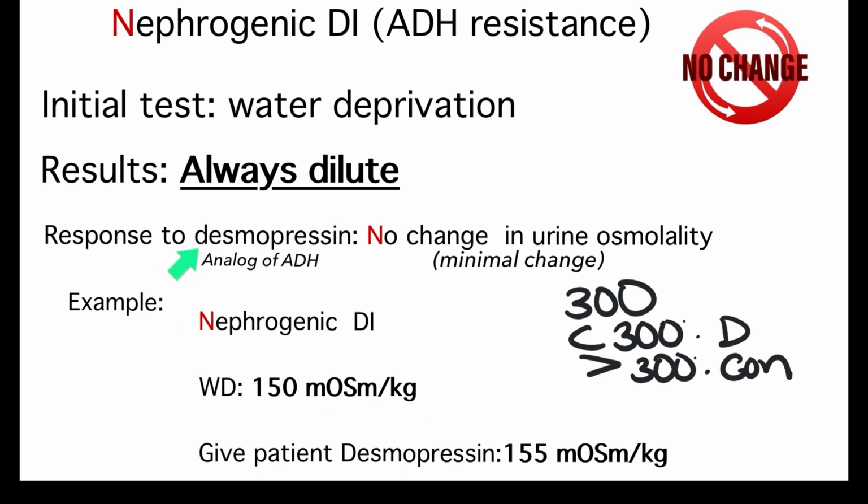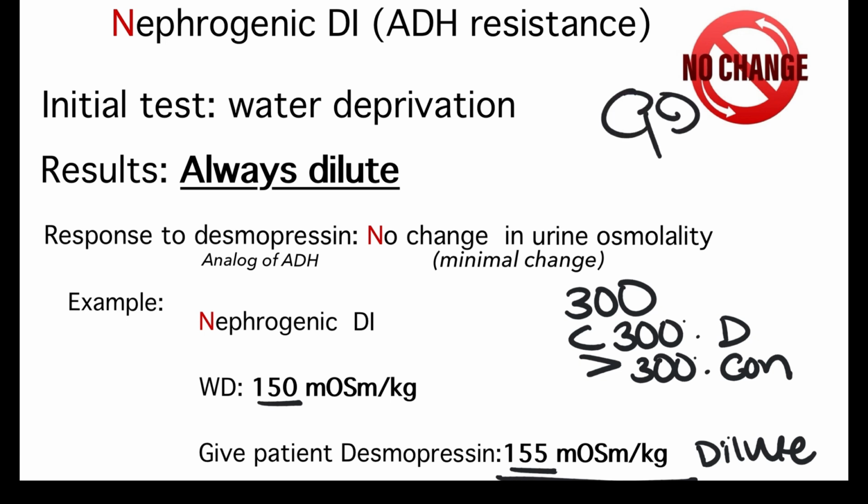And remember, the desmopressin is an ADH analog. So you're giving the patient what they're missing, right? But you give the patient desmopressin, and what is the concentration? Is it dilute or is it concentrated? This is still dilute. So there is no change from the 150 to the 155. That means there is something going on with what?